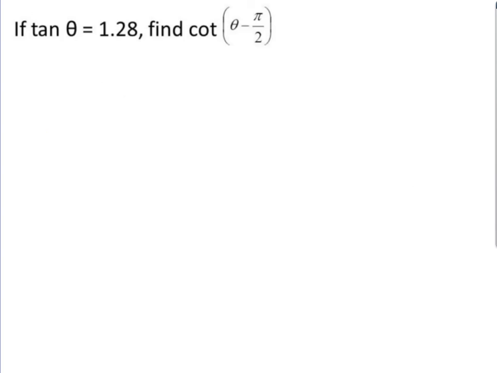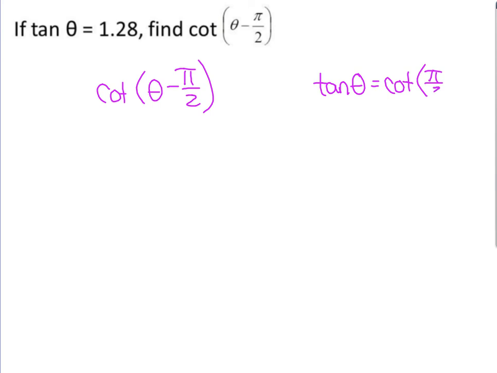When we look here, we need to find the cotangent of theta minus pi over 2. That's not in the same order. We know that tangent is cotangent of pi over 2 minus theta.